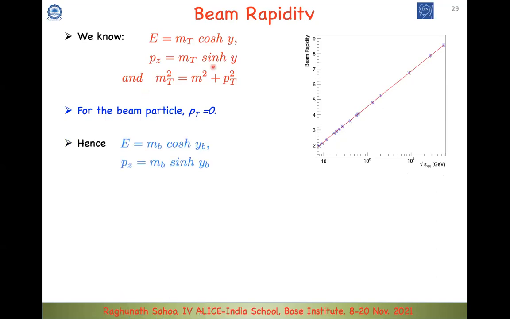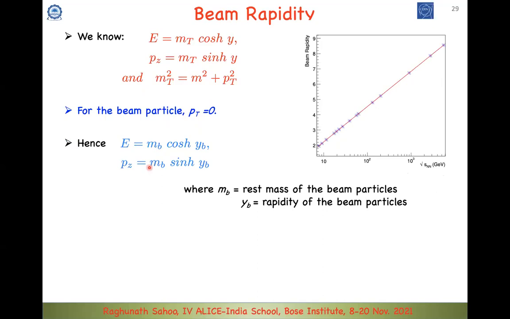So you can rewrite this as E equals mb cosh Y beam, where mb is the rest mass of the beam particle. Similarly PZ is written, and you find Y beam is cosh inverse of E over mb, and finally the formula is this.